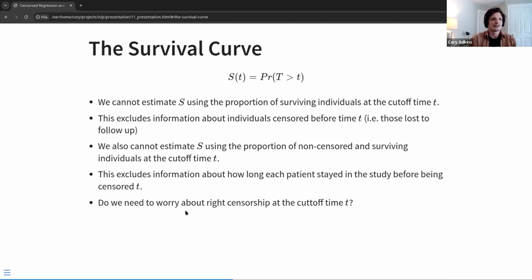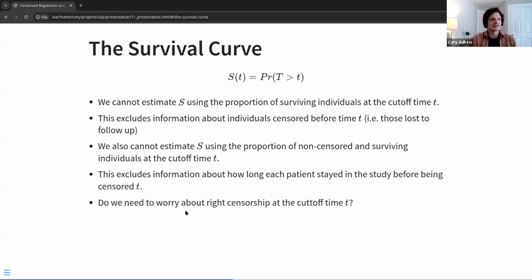We also can't just change the denominator to the non-censored individuals and take the proportion of surviving non-censored individuals, because that ignores information about how long all of the censored individuals made it before getting censored.